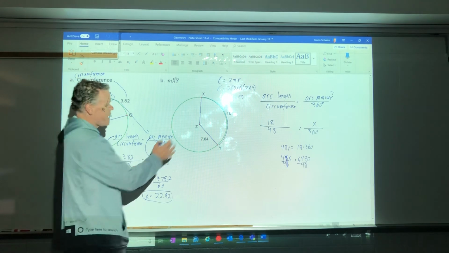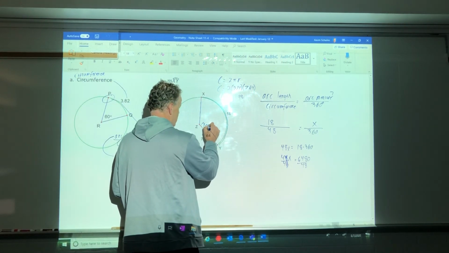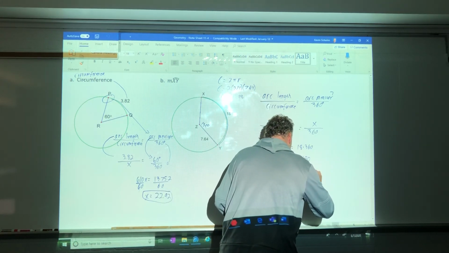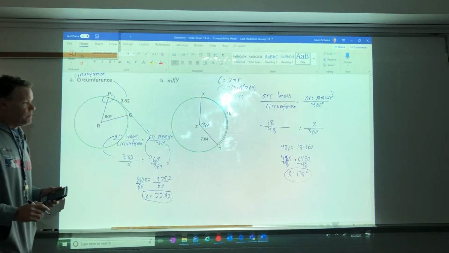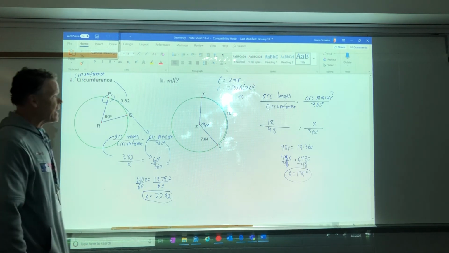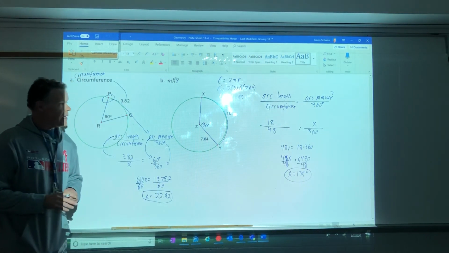So our arc measure, and that's the same as the central angle, is going to be 135, and that's always in degrees. So our arc measure is 135. Okay? So that's it for 11.2, circumference and arc length. And this, again, would have been Tuesday, May 12th.